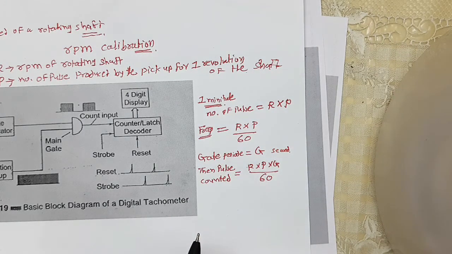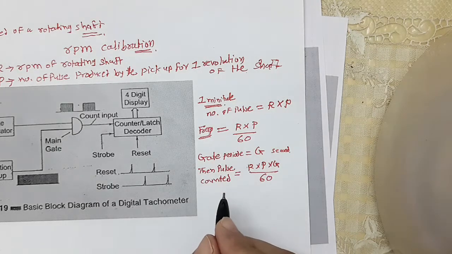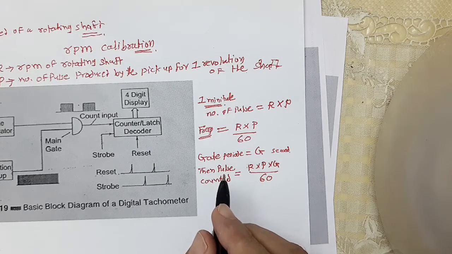In order to get the direct reading in RPM, the number of pulses to be counted by the counter is R.